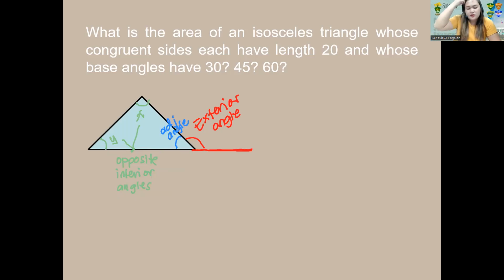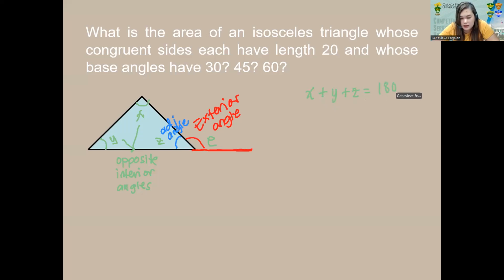So suppose this is XYZ. Tapos this is E, no? Di ba ang sum sa interior angle sa triangle is 180. Okay, x plus y plus z will be equal to 180.